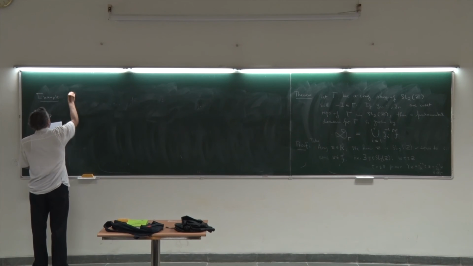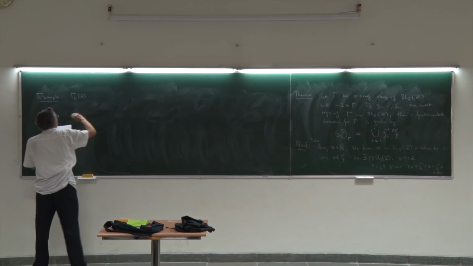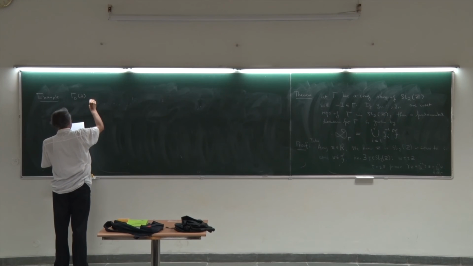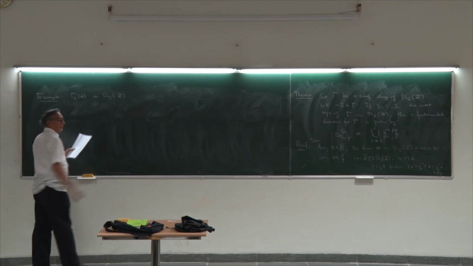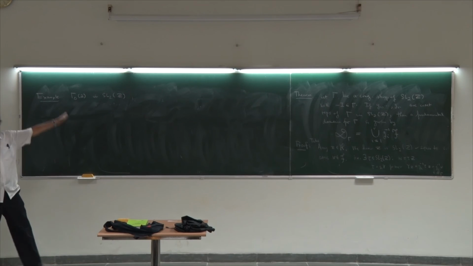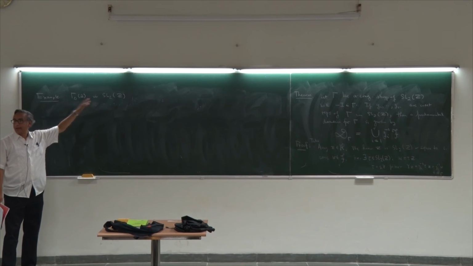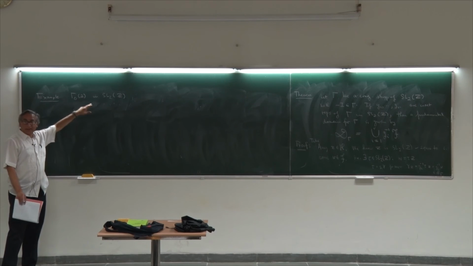Let's look at gamma naught of 2 in SL2Z. So we calculated in yesterday's lecture the index of these groups, gamma naught of n, and this particular one has index 3.